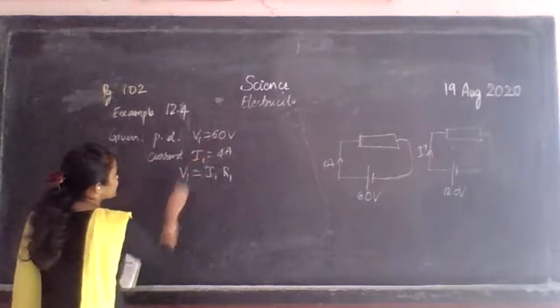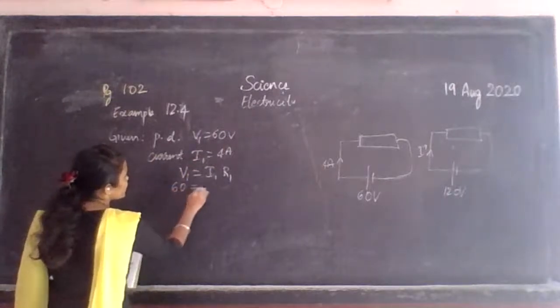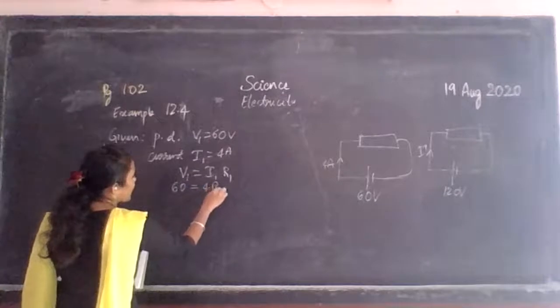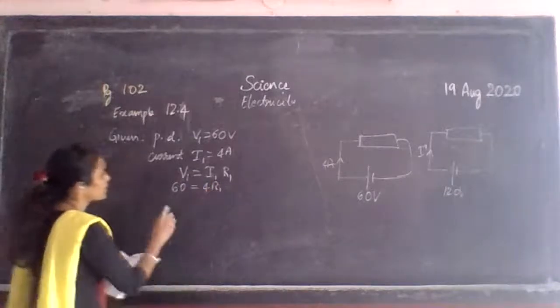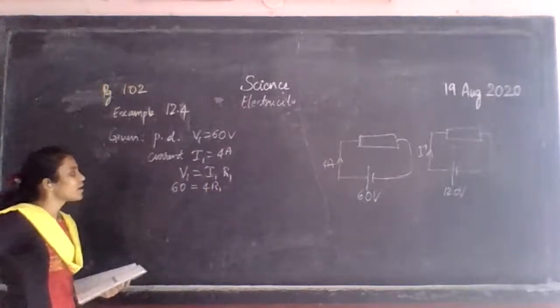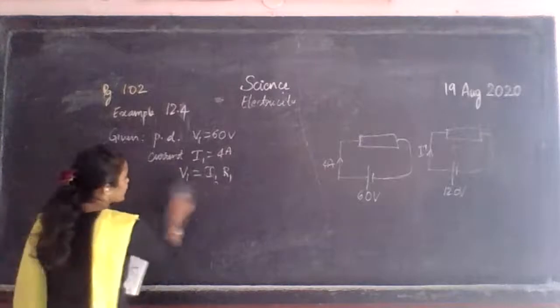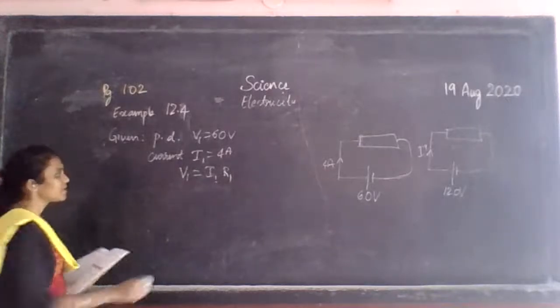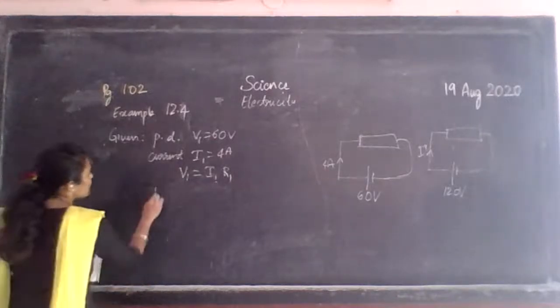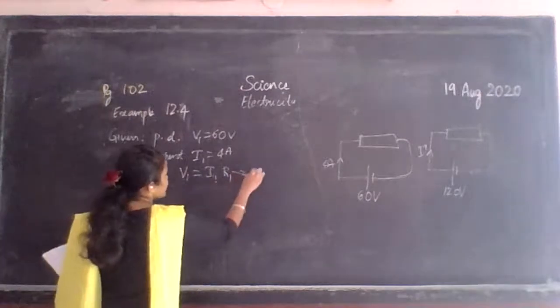V1 is 60 volts, which is equal to 4 into R1. So this is one expression. Let this be equation number 1.